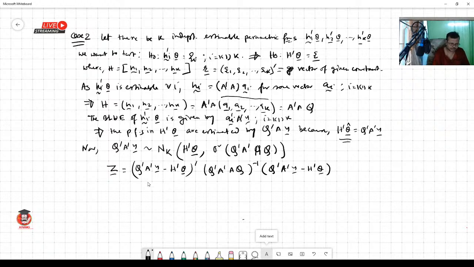So this, into 1 by sigma square, is a quadratic form, and I think it is better to write it in that way.